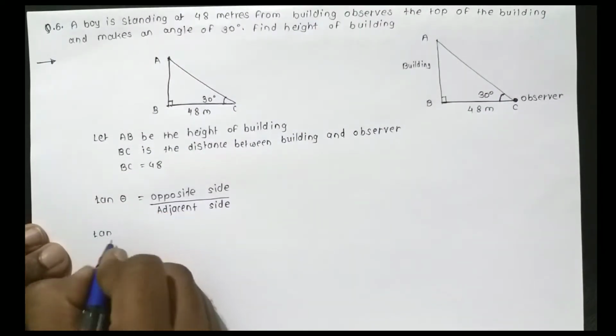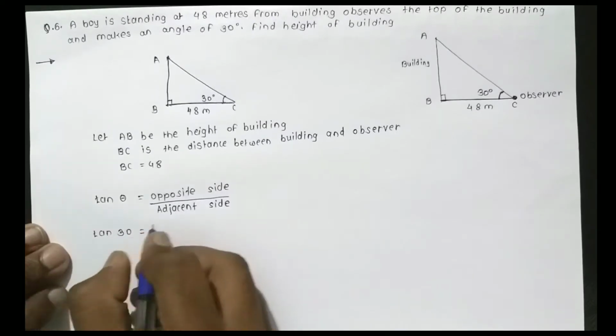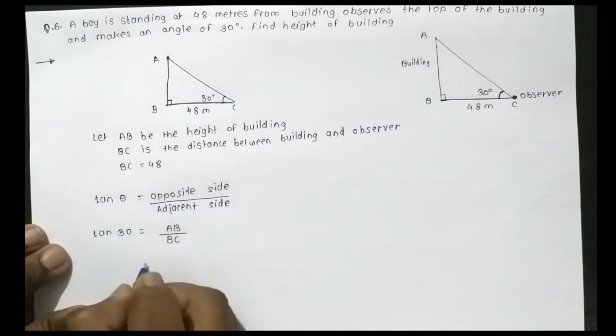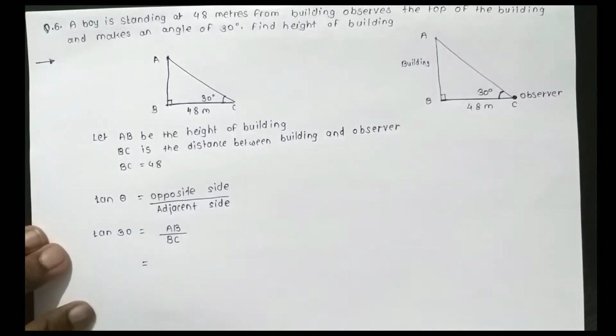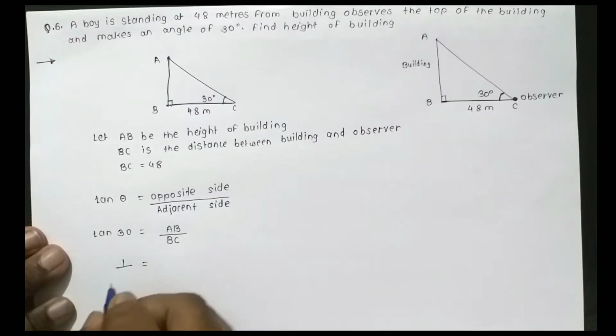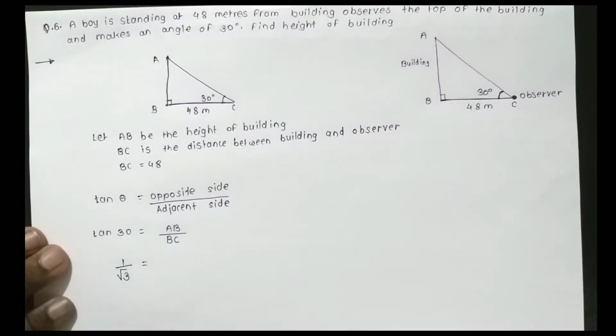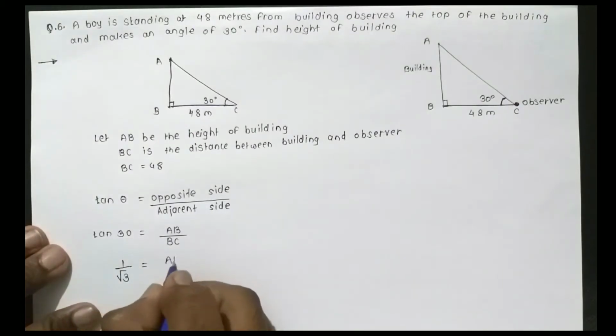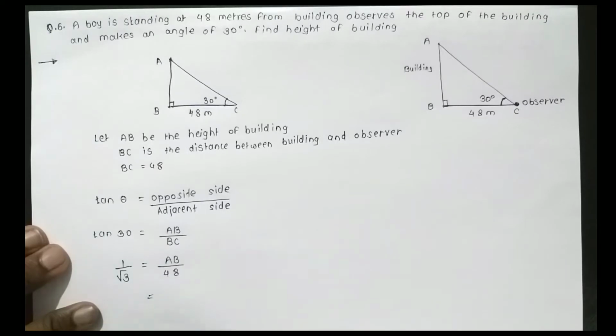So tan theta, theta is 30 degree. Opposite side is AB, adjacent side is BC. Value of tan 30 is 1 upon root 3. Okay, AB is as it is, BC is 48.